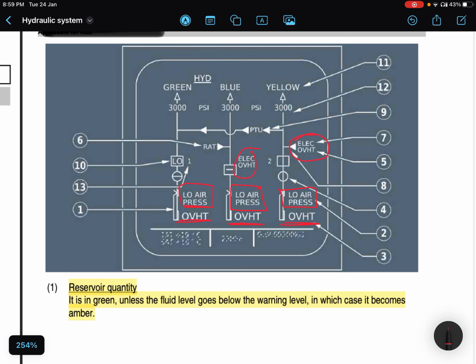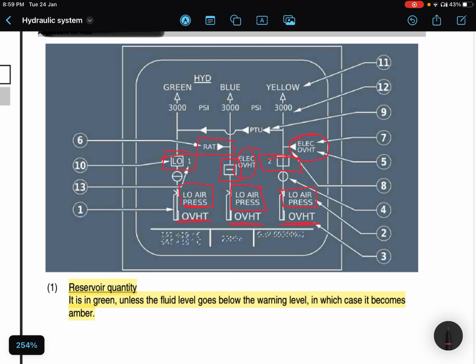Same with the blue system. This is the engine driven pump for the green system. This is the engine driven pump of the yellow system, and this is the electric pump of the blue system, right?